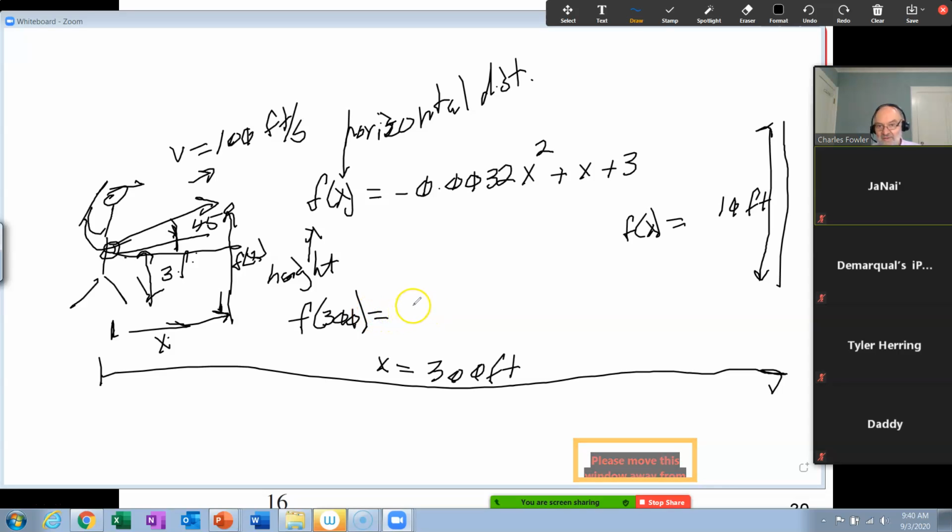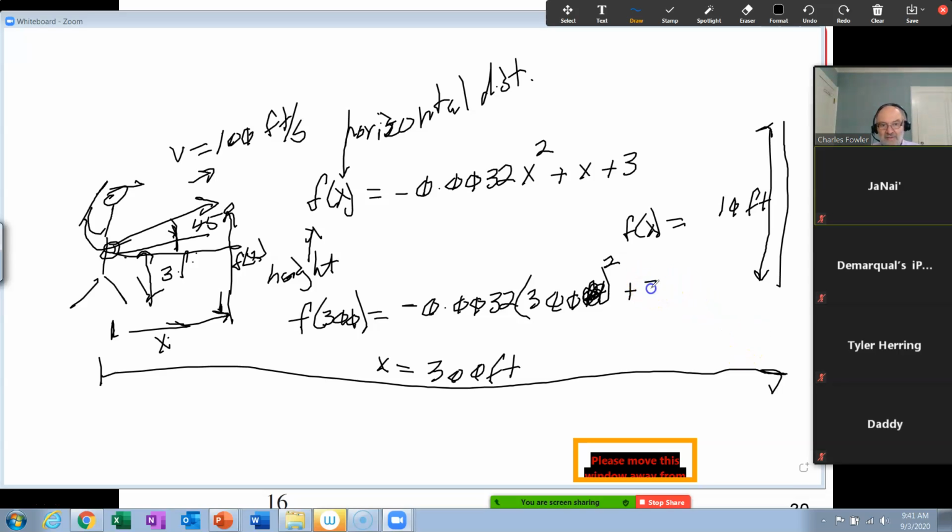Well, that's negative 0.0032 times 300 feet squared. Wow. Okay. Plus, now I'm going to leave off the units. Okay. There's a reason for that. Okay.